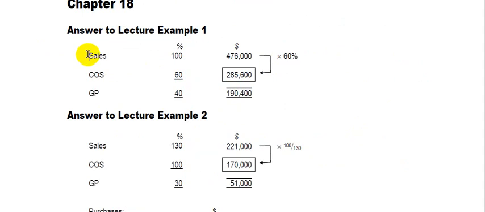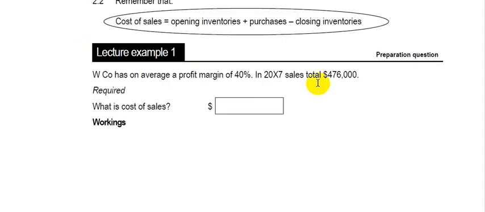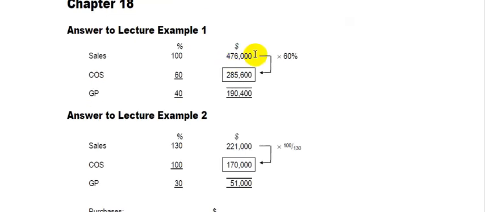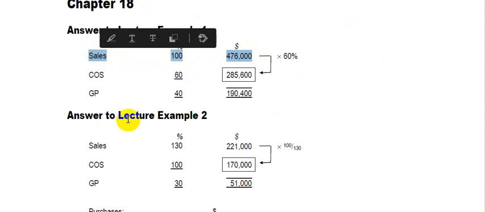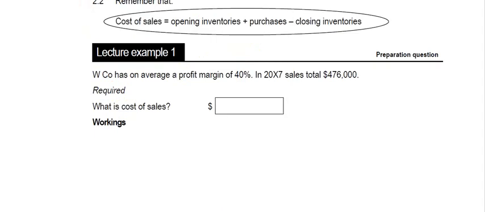So you simply get the sales, 476,000, and put it in the line of the sales with 100%. The question is asking us to compute the cost of sales.